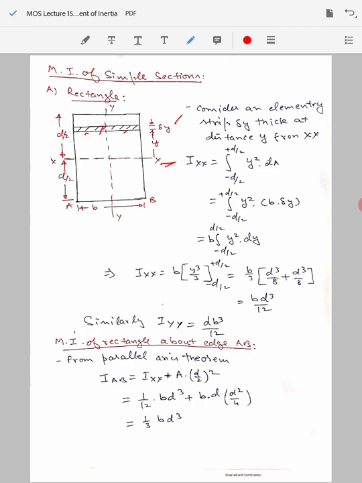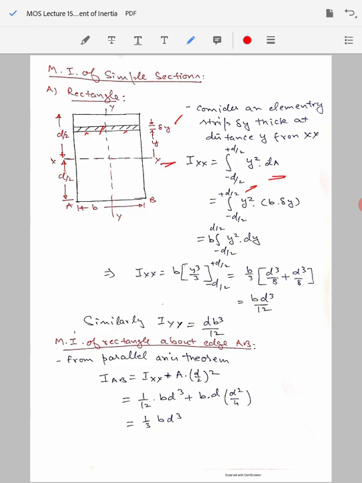Now if you want to determine Ix, you need to take the integral of all those small areas delta A times their distance squared from the x-axis. The limits go from minus d by 2 to plus d by 2, because y is negative below this axis and positive above it. What is dA? It is the area of this elementary strip, which has thickness delta y and length b, equal to the width of the beam, so the area is b times delta y. You substitute, bring b outside, and integrate the remaining term. y square gives y cube by 3, with the limits changing from minus d by 2 to plus d by 2.